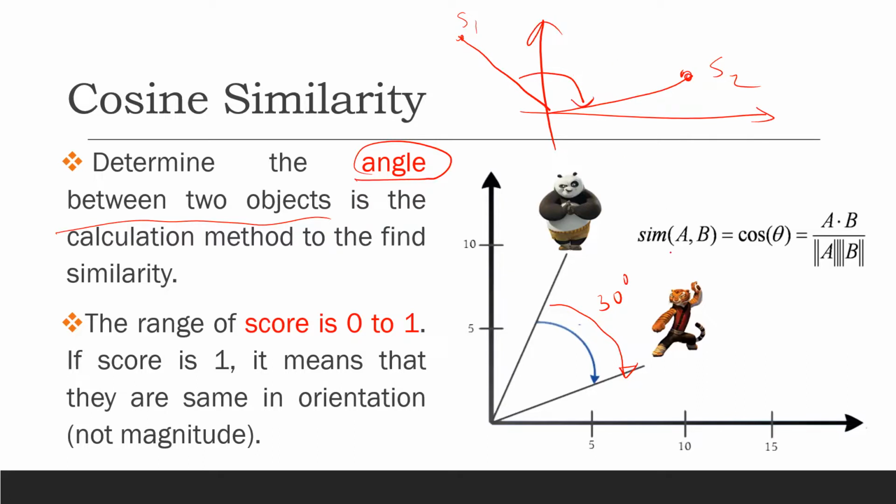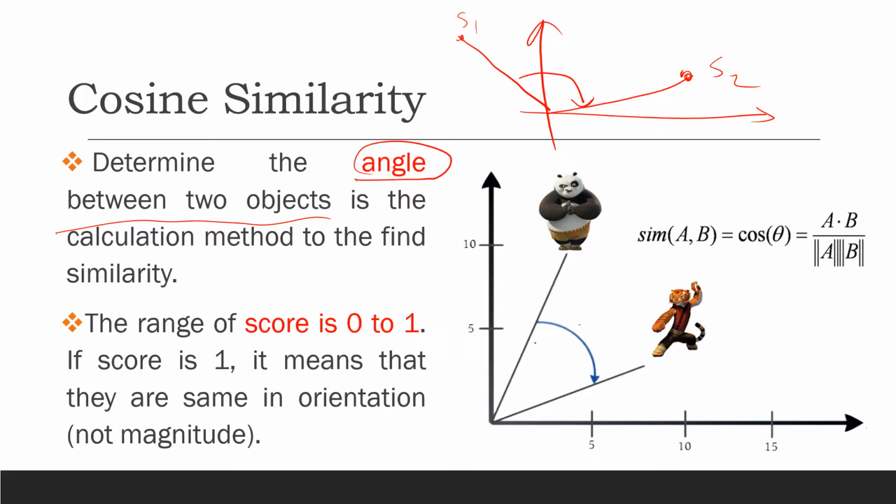To calculate the cosine similarity between A and B, it is equal to cos theta, which is equal to the dot product of A and B, A into B, divided by mod of A into mod of B. You don't need to do the calculations. Just understand that with cosine similarity, we calculate the similarity by using the angle value between the two objects.